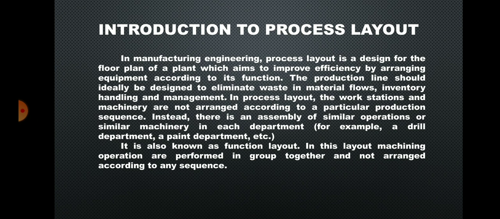By arranging equipment according to its function. If we properly arrange them, it looks better in efficiency and functions well. The production line should ideally be designed to eliminate waste in material flow. Obviously, with proper arrangement, it eliminates waste of material flow.